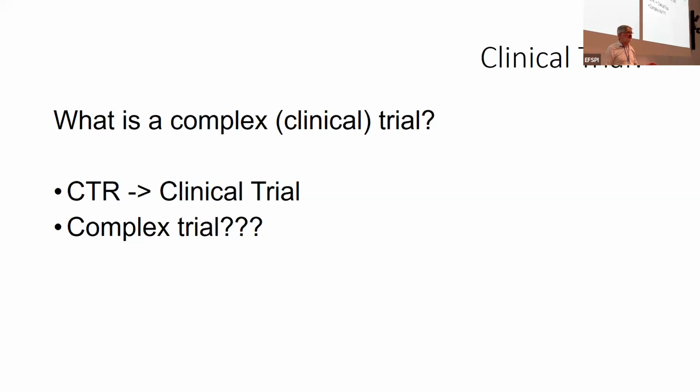If you go and look at clinical trial regulation and you try to find out, you will not find anything about what a complex clinical trial could be. And therefore also, since platform trial is considered a complex clinical trial, and I will show you it is, and you all know, I don't have to show you.